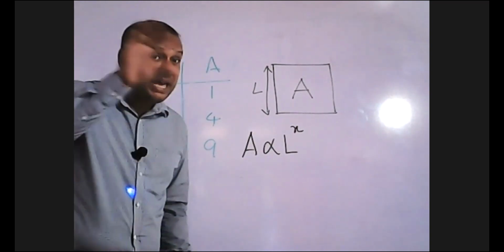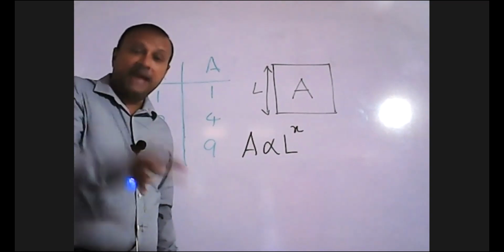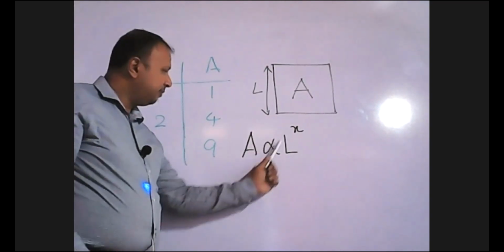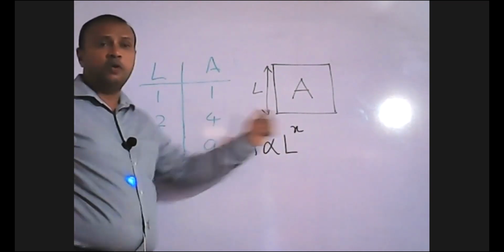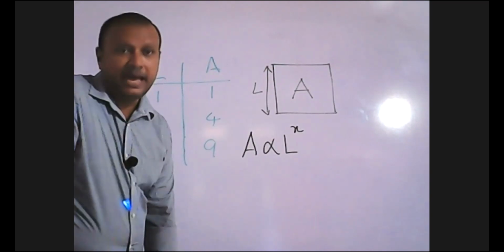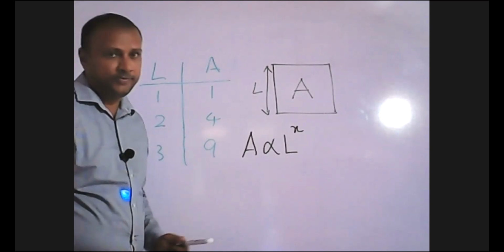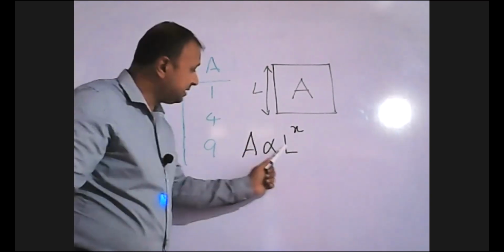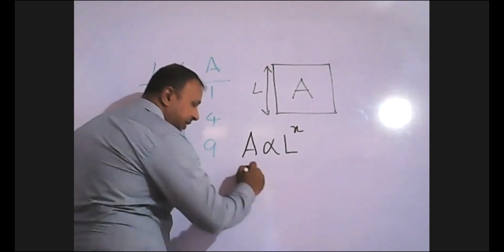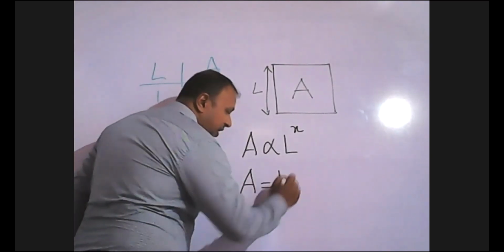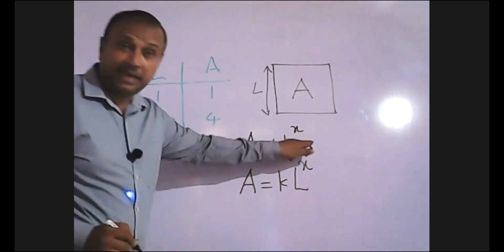So this is an assumption. I assume L to the power X is directly proportional to A. So if it is directly proportional to A, then I convert this into an equation.